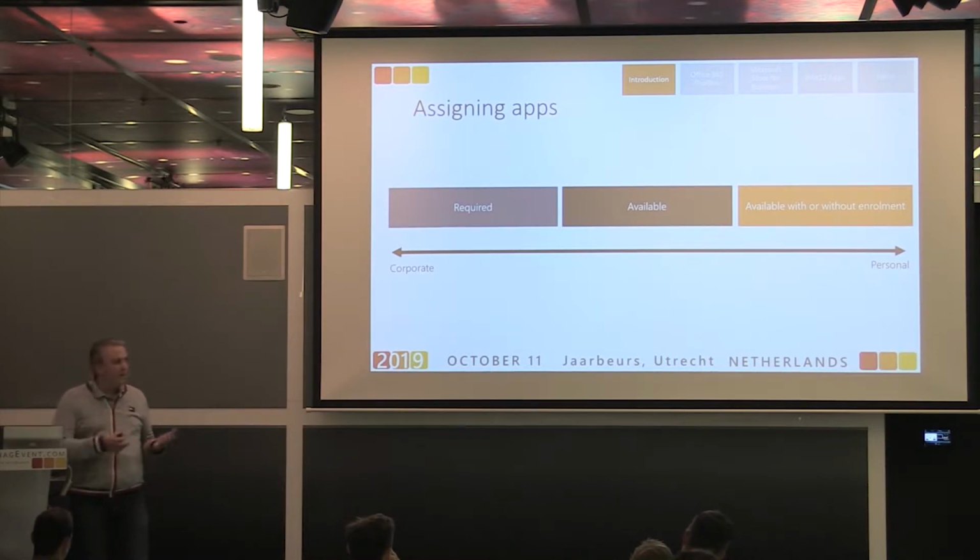So we can either make them available through the company portal, or just push them directly through the MDM channel. And if we talk about modern management on mobile devices, you can also make them available with or without enrollment. And that's more on a personal device.